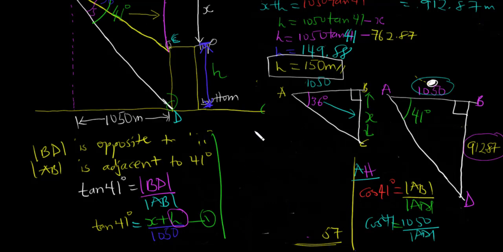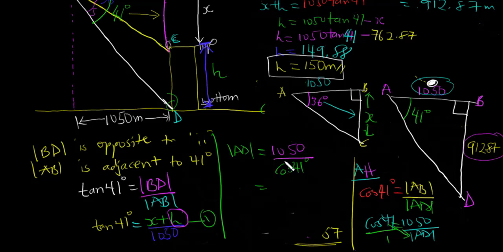To make AD the subject, I will swap this, so I'll have the length AD equal to 1050 divided by cos 41 degrees.